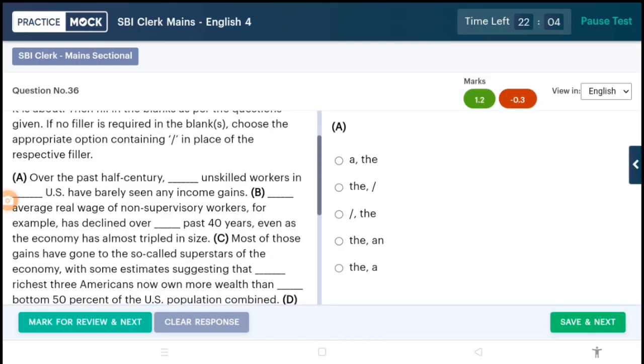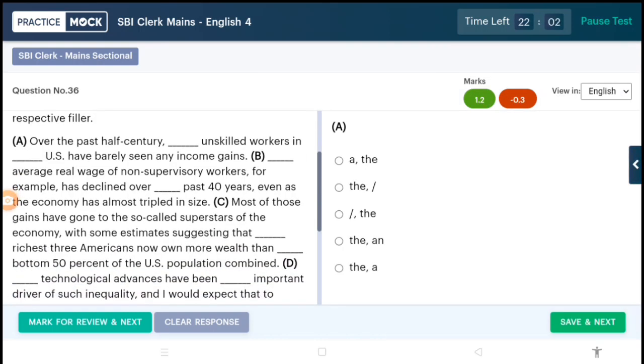Next, (36) over the past half century, unskilled workers in the US.